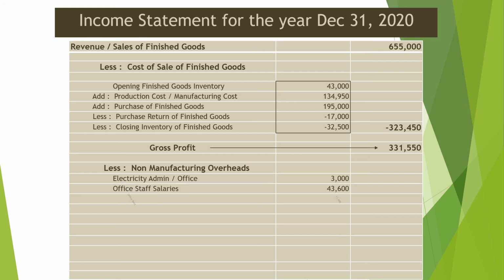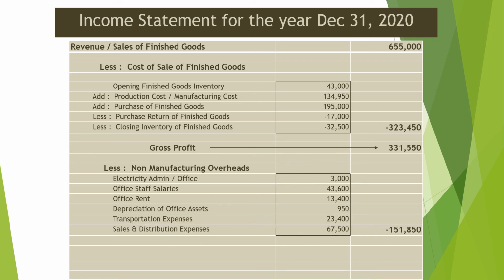We can see here the staff salaries, office rent, depreciation of office assets, transportation, sales and distribution. So the total non-manufacturing overheads will be deducted from the gross profit to reach the profit for the year, and this is the net 179,700.